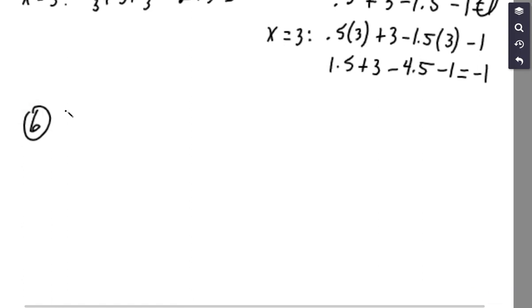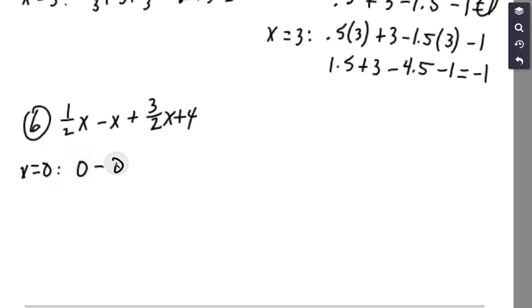So the problem is 1/2 x minus x plus 3/2 x plus 4. So if x is 0, that was 0 minus 0 plus 0 plus 4, so that was 4.